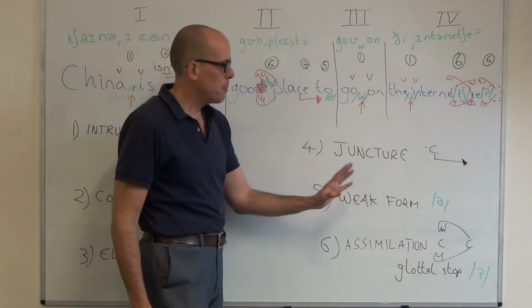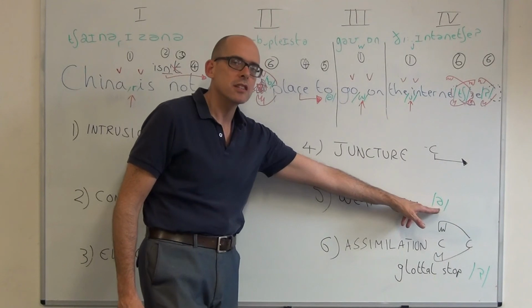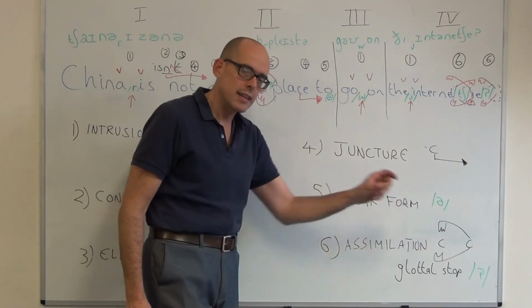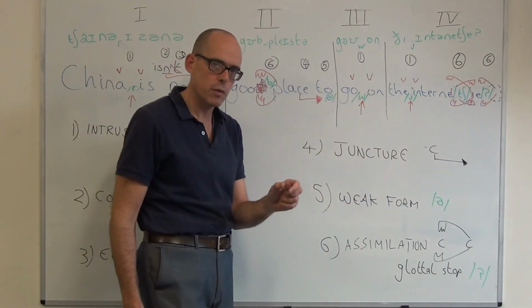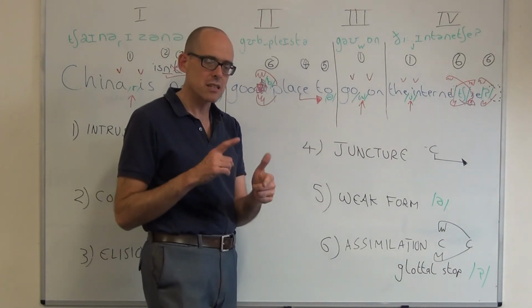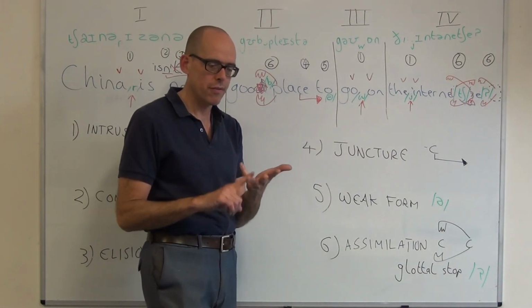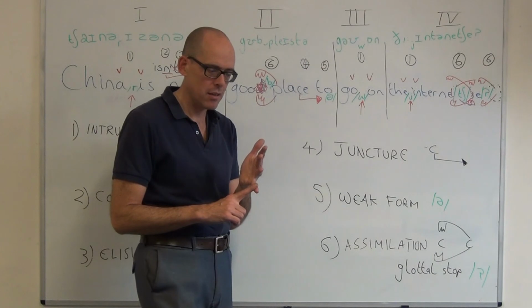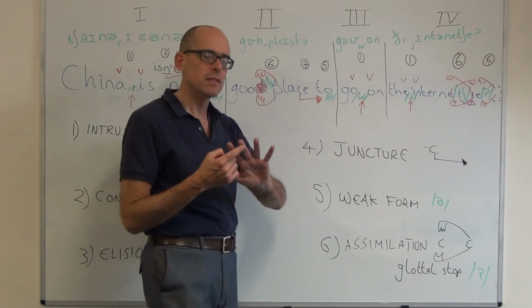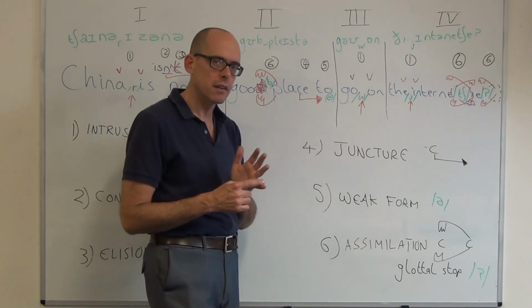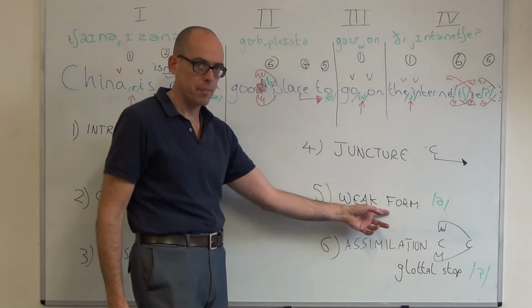One of the most common sounds in spoken English is the schwa, and it appears in lots of little words, like and, of, to, for, can. We say t, f, and that's called a weak form.